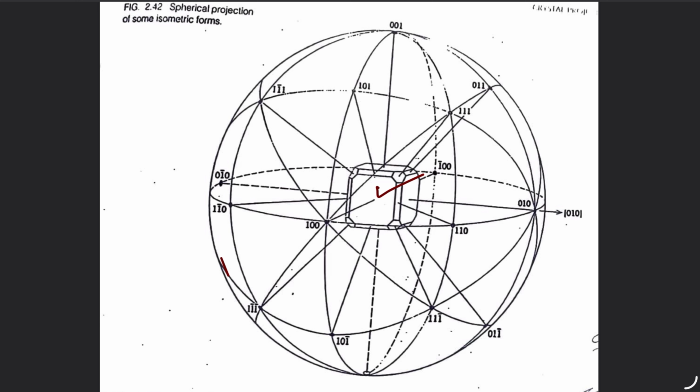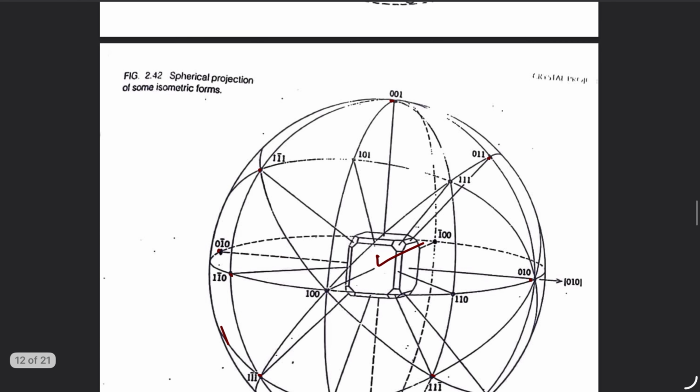Perpendiculars are drawn from the center of the sphere to the faces, extended to touch the sphere. So these are the poles of the corresponding faces. From these poles we get the stereographic projection in the equatorial plane.